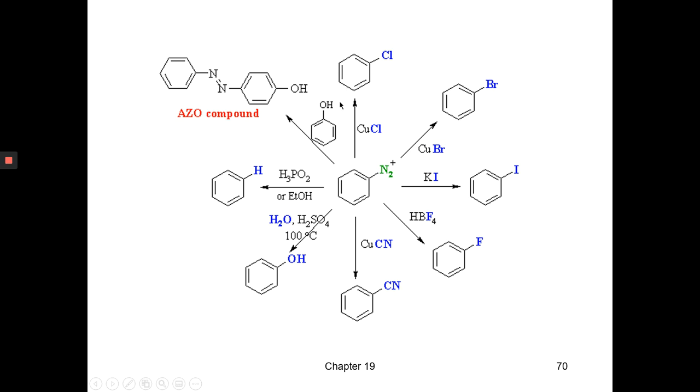Okay, it has to be a strongly activated aromatic amine. Here, the diazonium group is not acting as a leaving group, but it's acting as a very weak electrophile. And so that's why we have to have a very strongly activated ring.